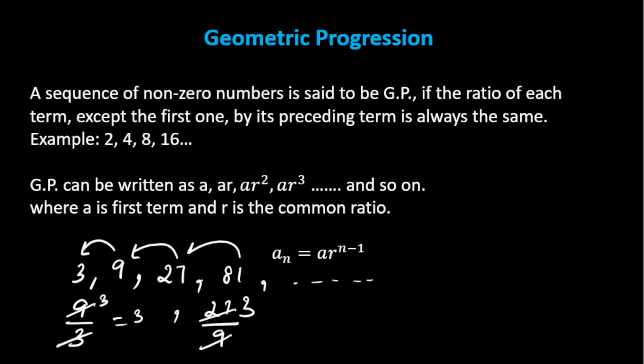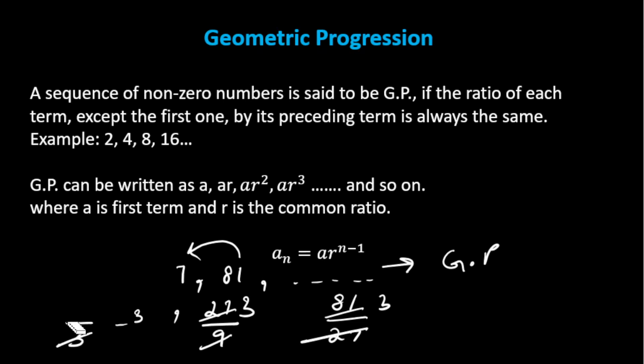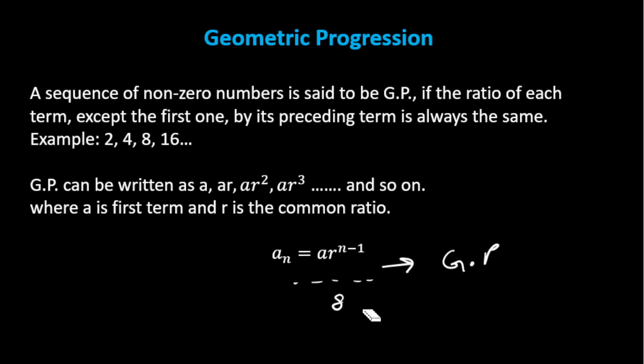Let's check this one: 81 divided by 27 is also 3. So this sequence is also a geometric progression. Sequences where the ratio of two terms is the same are known as geometric progression.